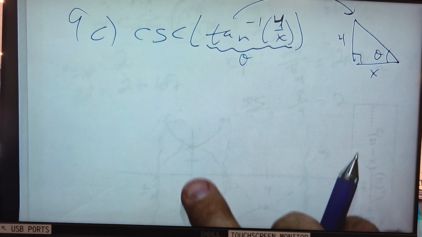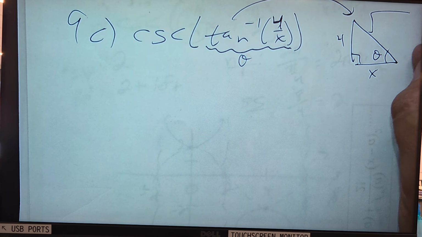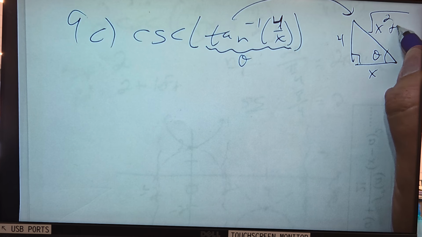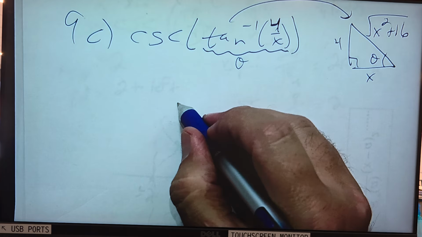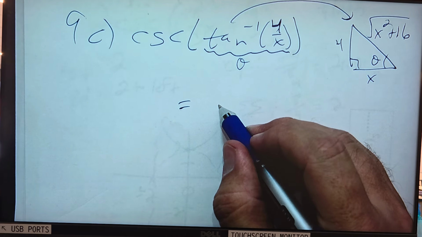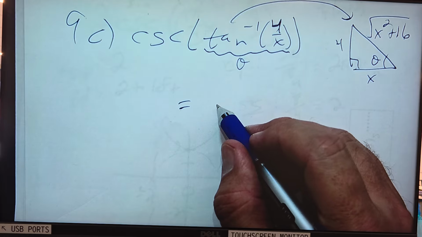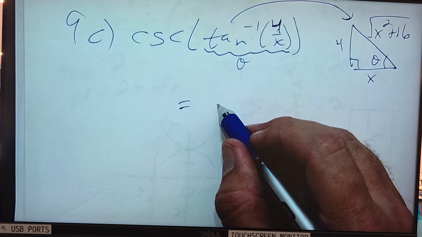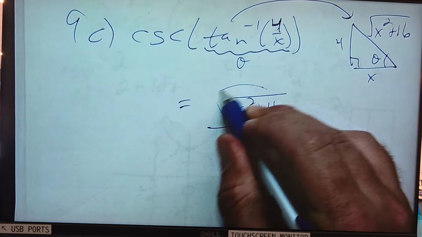So what do I need? The hypotenuse: the square root of x squared plus 4 squared. So then what's the cosecant? The square root of x squared plus 16, divided by 4.